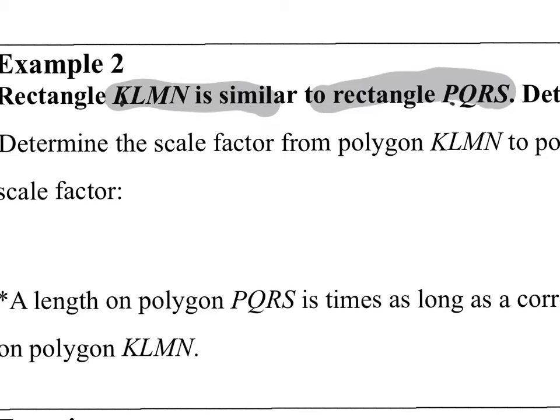Mm-hmm. But angle P corresponds with angle K. Okay, those two go together. Angle L corresponds with angle Q, angle M with angle R, angle N with angle S. Okay, they correspond with each other. Now, in a rectangle, they are all congruent, but we just need to keep that idea when we're going.